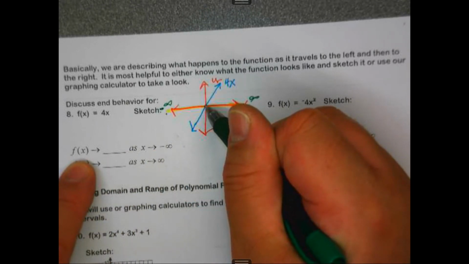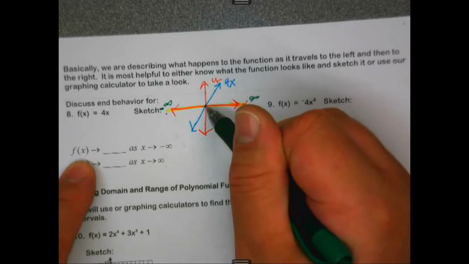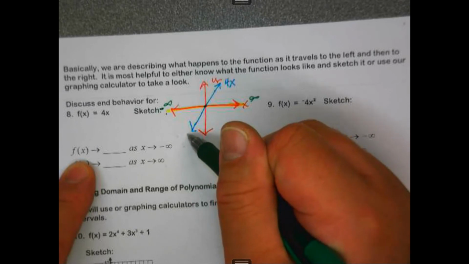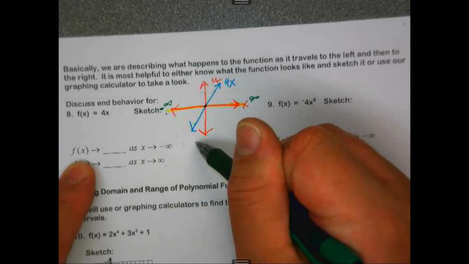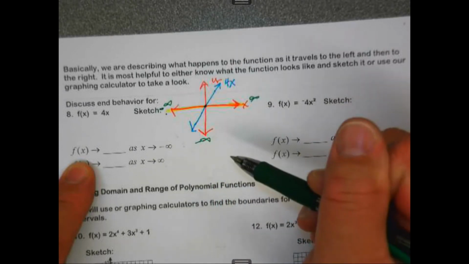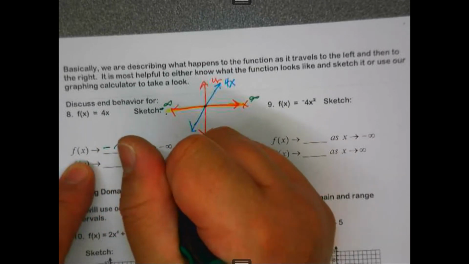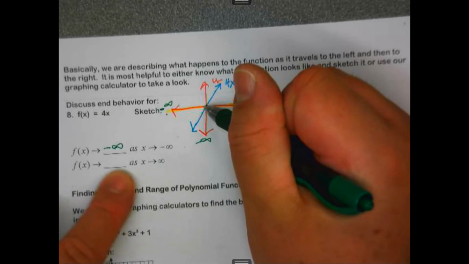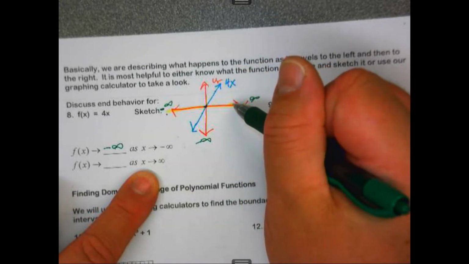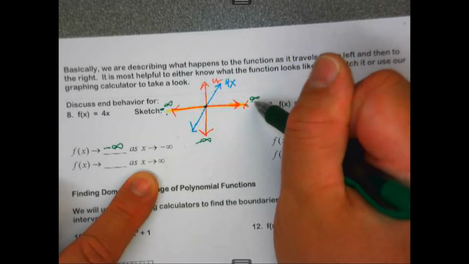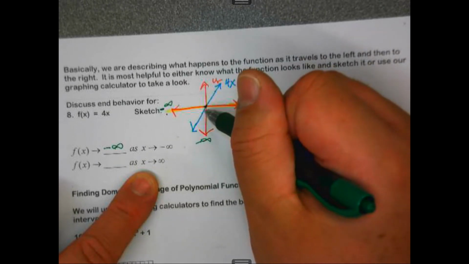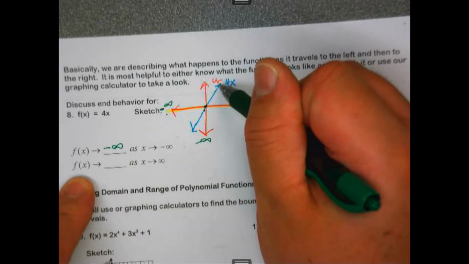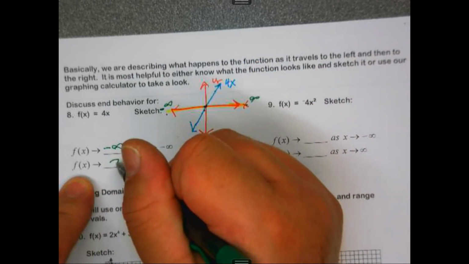What's happening to my y? Well, my graph is going towards negative infinity, right? When I start at the origin and my x goes to positive infinity, or to the right, my graph on the y-axis is going to positive infinity.